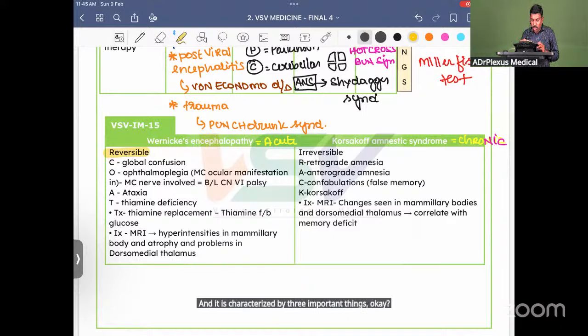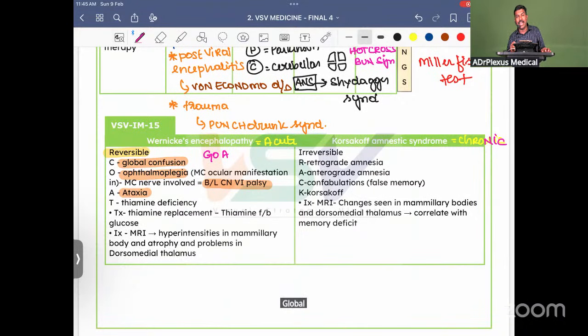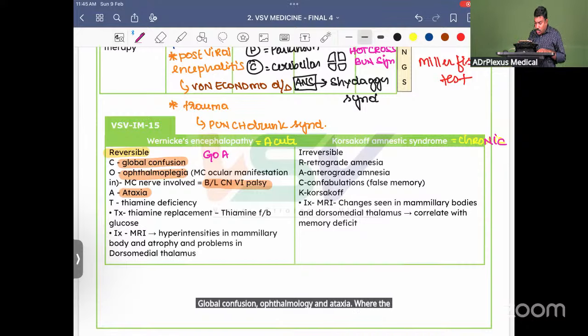You can use this mnemonic: the patient can have global confusion, ophthalmoplegia, and the most common cranial nerve palsy is sixth cranial nerve palsy, along with ataxia. You can use COAT or GOA: global confusion, ophthalmoplegia, sixth nerve, and ataxia.